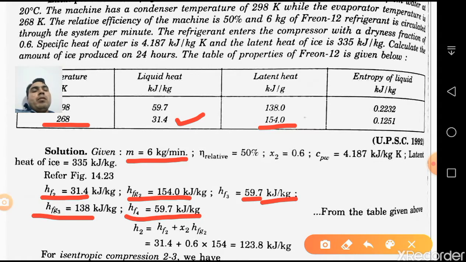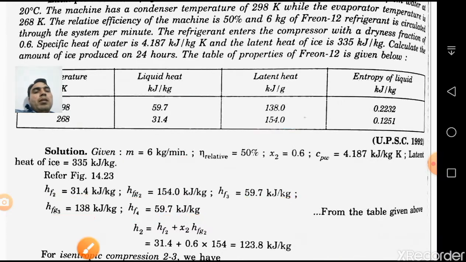So first of all, to solve this problem we have to find the 4 points in that cycle, and we have to know the enthalpy of each and every point. Then we can easily find what we need.